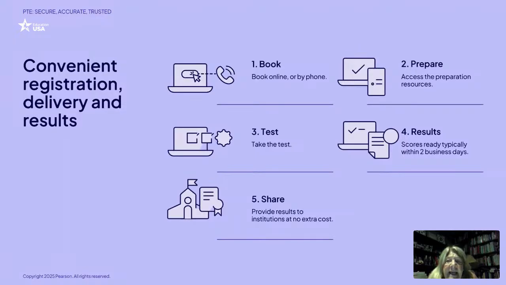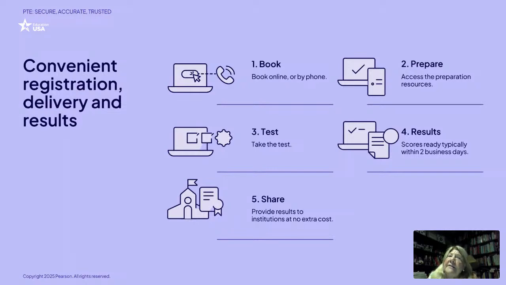And the day of testing, again, the test is available 365 days a year. Absolutely. And in many places it can run 2 and 3 times a day. So just so that you recognize that. It can be booked up to 24 hours in advance.